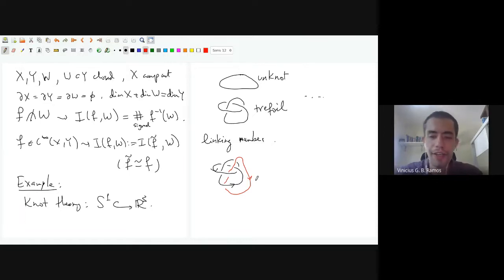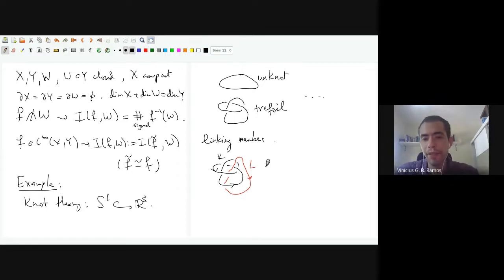If the linking number is 0, that means that you can disconnect the two knots and you can put them in separate neighborhoods. But the linking number is a very interesting invariant. You might or might not have seen the definition of the linking number, but I can tell you what it is.